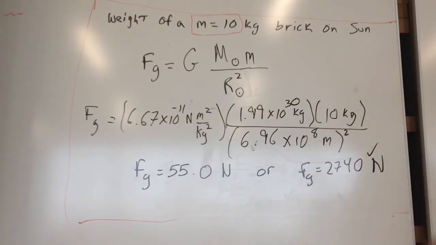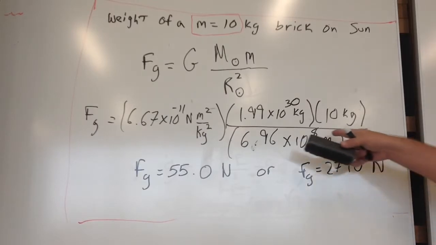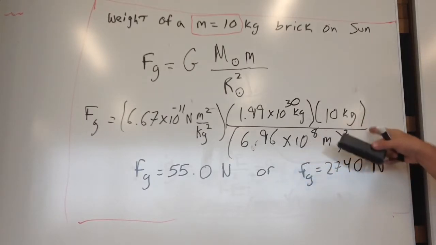The size of the sun is enormous compared to the Earth. So the radius of the sun is about 100 times larger than the Earth in terms of radius. So 100 or so, 10 to the 2, squared.